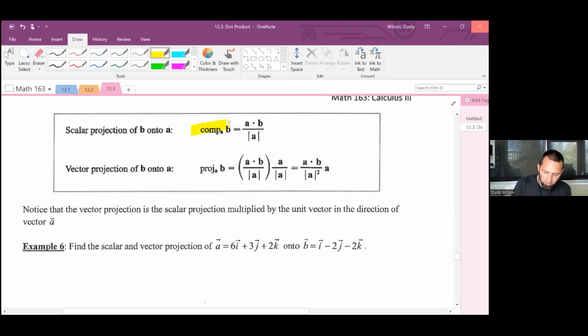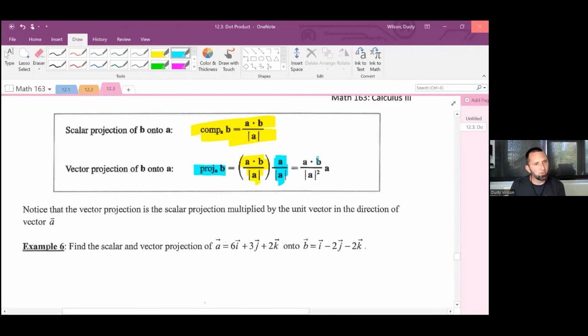Once we have that component of B in the A direction, then we can figure out what's the direction that we want it to go. So here's that same A dot B over the magnitude of A. And if I multiply it by a unit vector in the direction of A over magnitude of A, then that will give me the projection of B in the direction of A. And so combining like terms, you get this nice formula at the back end.